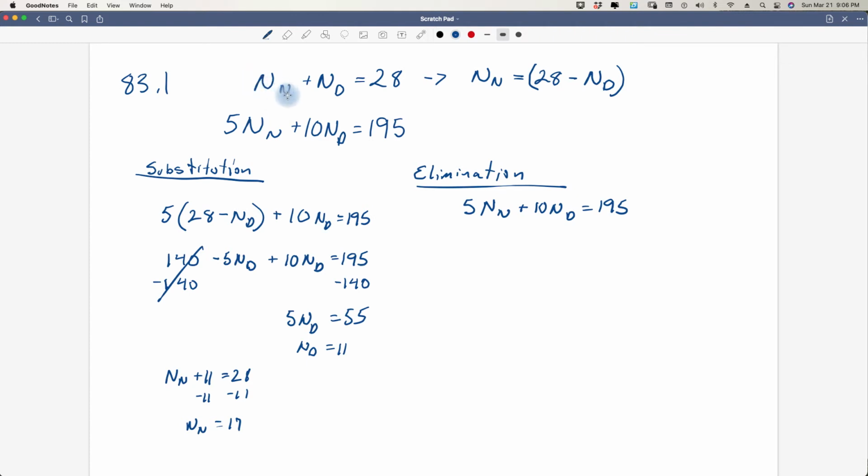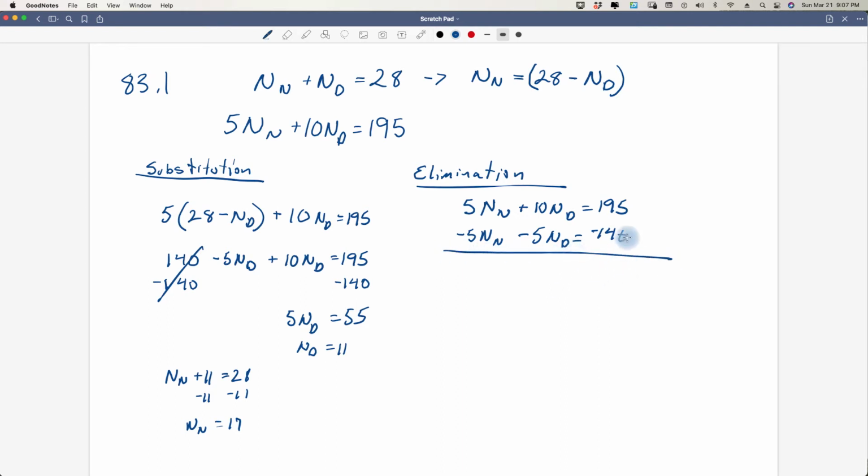Negative 5 times the number of nickels is negative 5 nickels, minus 5 times the number of dimes, and negative 5 times 28 is negative 140.